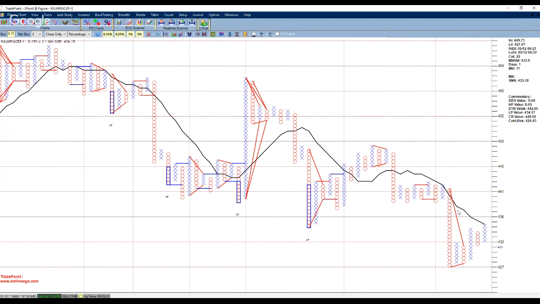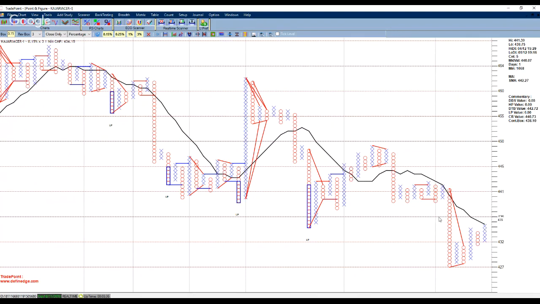You will always find alternating columns of O and X in a point and figure chart. A column of X represents rising prices, and a column of O represents falling prices. Your basic buy signal happens when the column of X breaks out above the high of the previous column of X. The buy signal got triggered when this X at 434 thereabouts got printed.